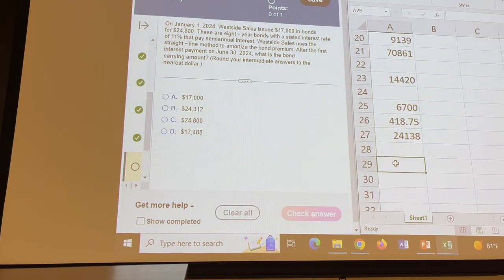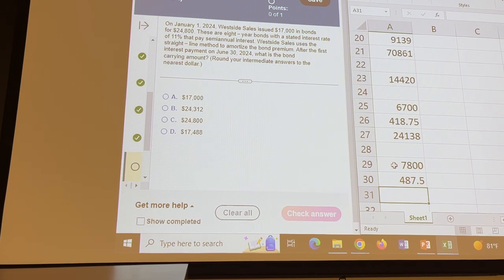So the premium would be the $24,800 minus the 17,000, so that's 7,800. Then we take that 7,800 premium divided by 16 interest payment periods.